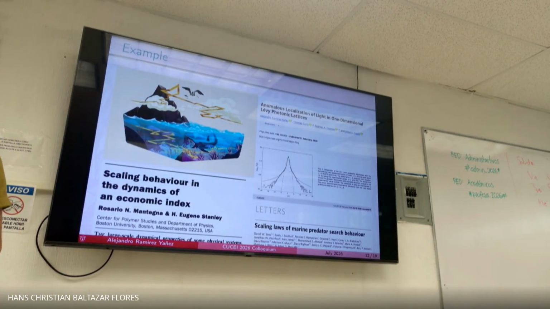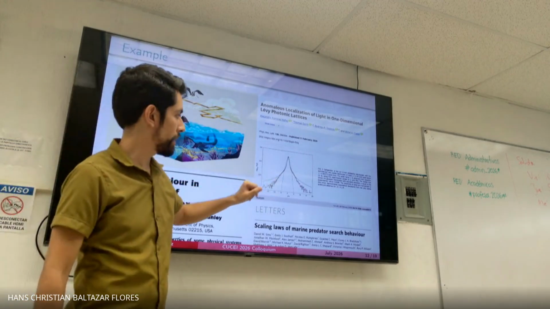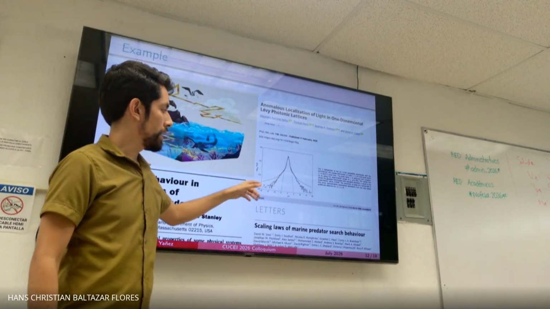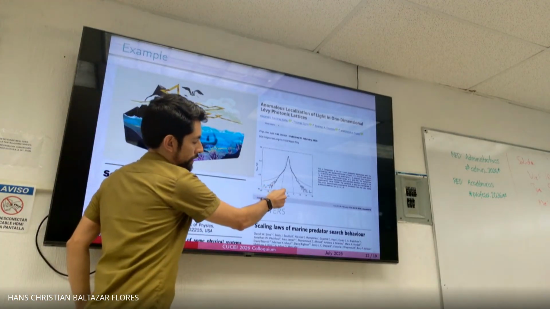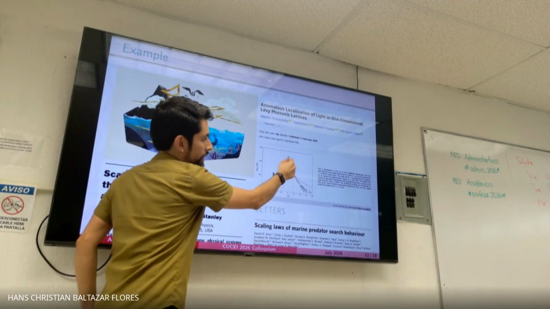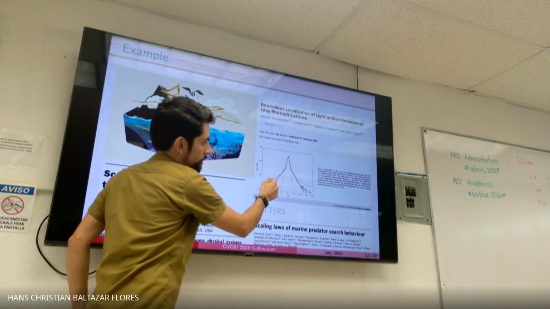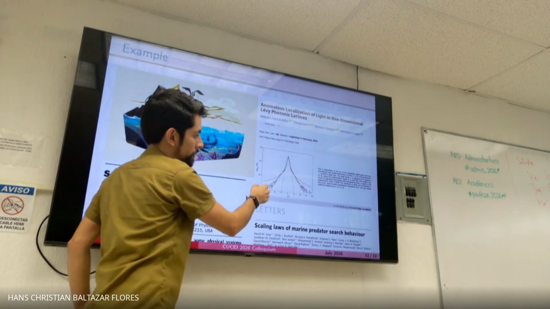But I can tell you that many different phenomena in nature follow Levy flights. Also, we can find stable distributions in the financial market. If we follow the stock market, I'm showing you here a picture. The distribution of the stock market is not a Gaussian. You see this dashed line here is a Gaussian, but this solid line is a stable distribution. These are the data.